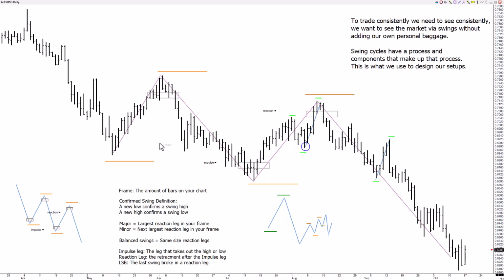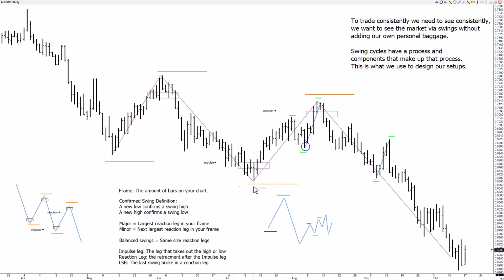Now, just being able to come in and map a market is valuable, right? You know which way it's going. You don't need anybody to tell you. You don't need to listen to the news. You don't need to predict. It's just the facts, Jack. This is always the starting point.